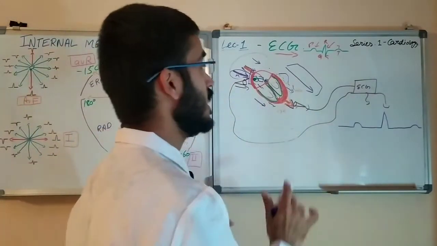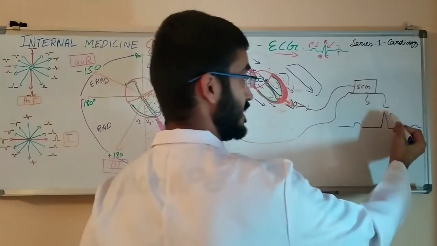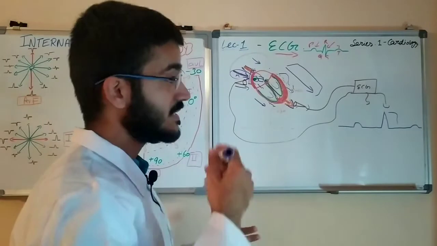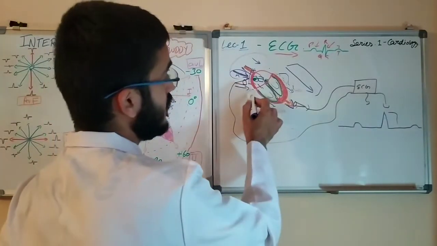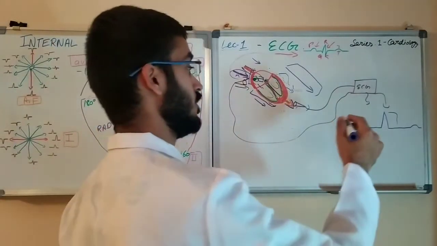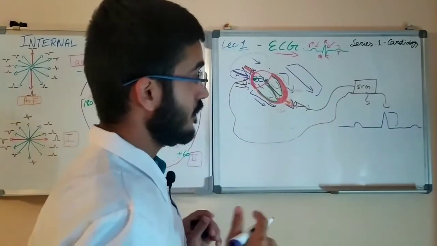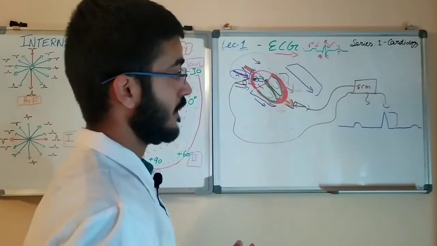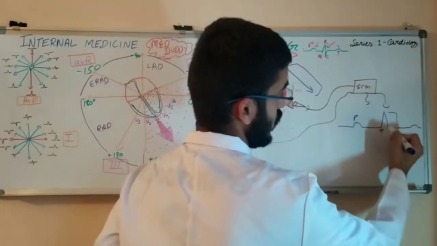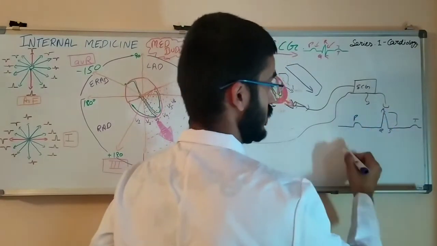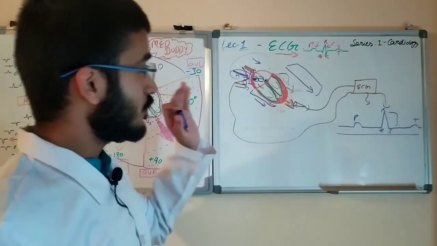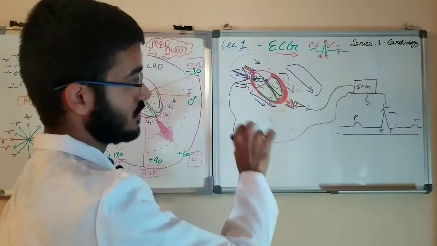That's why we cannot see it separately. The same applies here: because the left ventricle is larger, it covers the depolarization vector of the right ventricle as well. We cannot see it here because it is larger and covers the smaller one. So this is the P wave, QRS wave, and the T wave. This is how ECG is going to present the vectors of the heart.